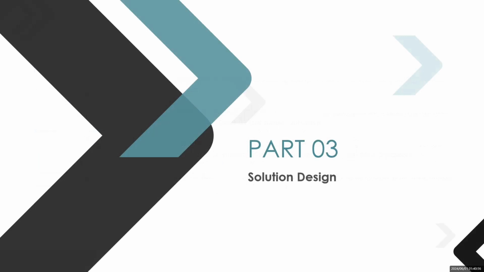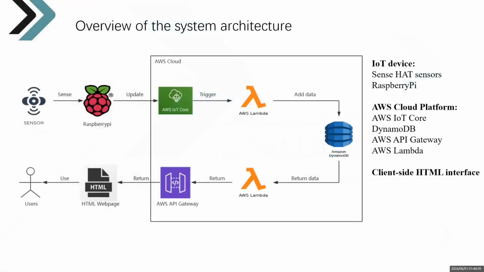The third part is solution design. When the Sense HAT sensor collects temperature and humidity data, the data is sent through the Raspberry Pi gateway to the AWS IoT Core.